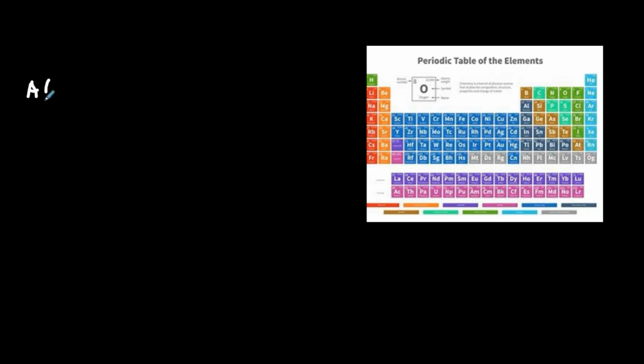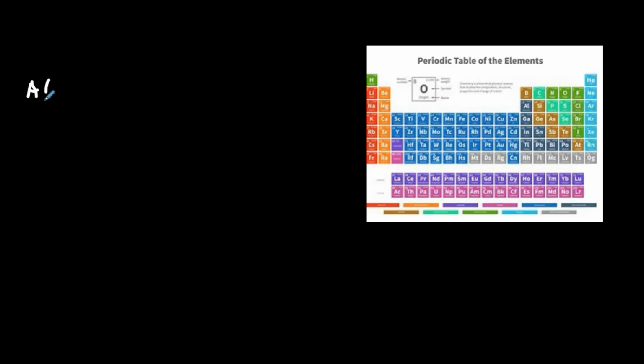We want to find the effective nuclear charge. In other words, we want to find aluminum's attraction of electrons to its nucleus, which impacts the atomic radius, the ionization energy, and electronegativity of aluminum.